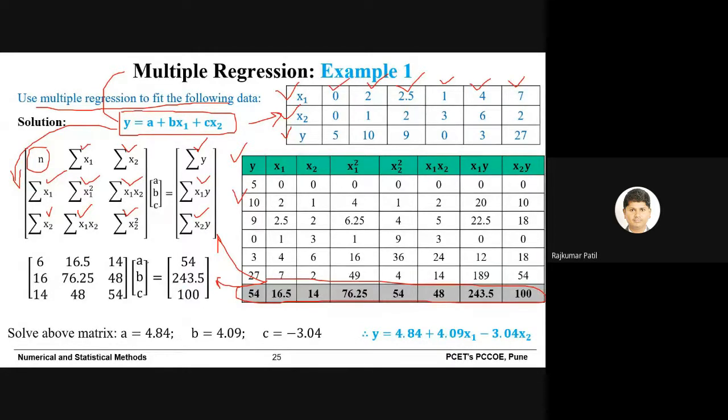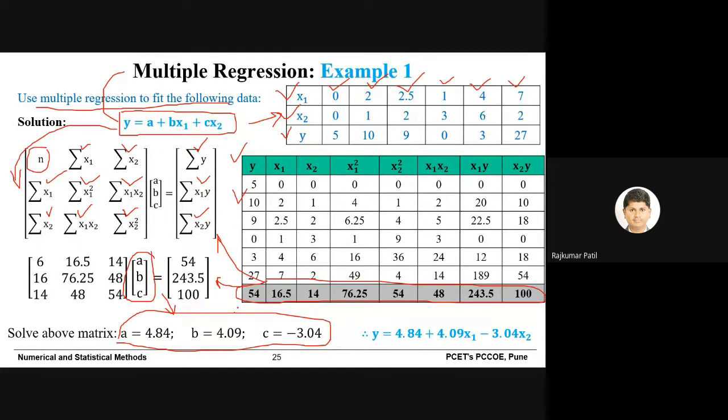When you look at that simplified matrix, you can easily solve it and calculate the coefficients A, B and C by using any of the methods that you studied in unit number 1, that is, the solution of simultaneous equations. Or if you know any other method, you can also use that one, but always prefer a numerical method. And once you apply that numerical method, you will get the values of A, B and C.